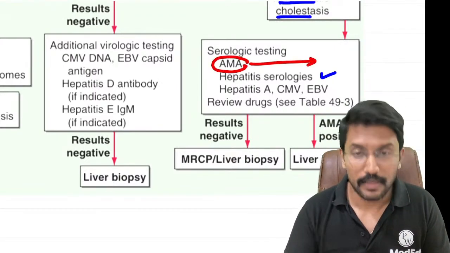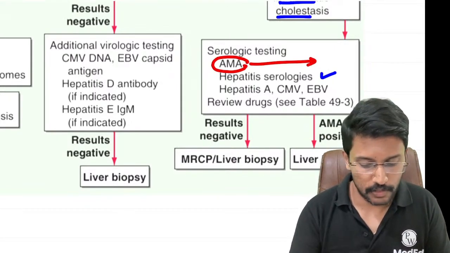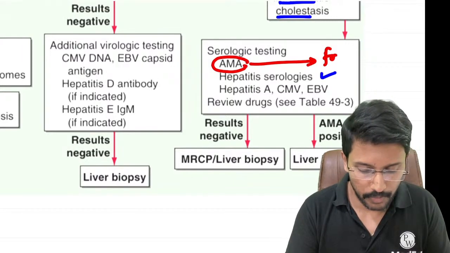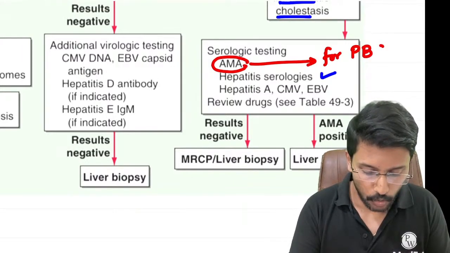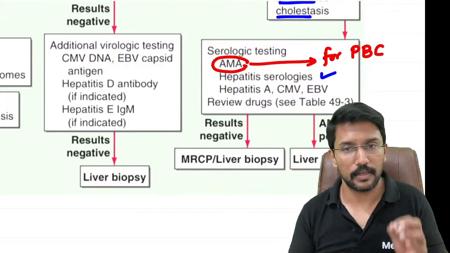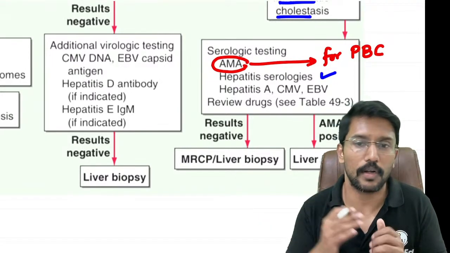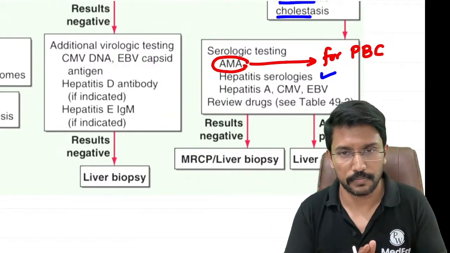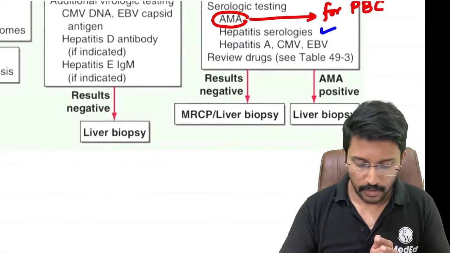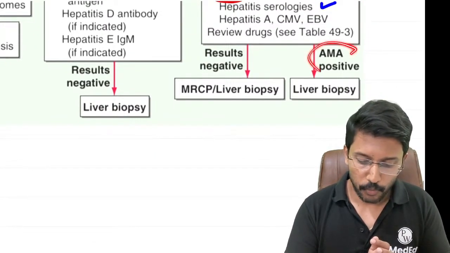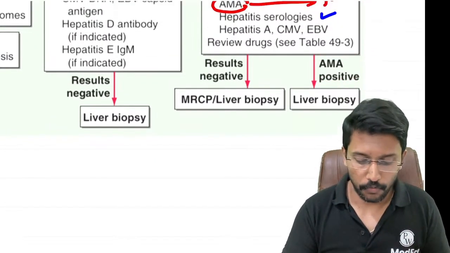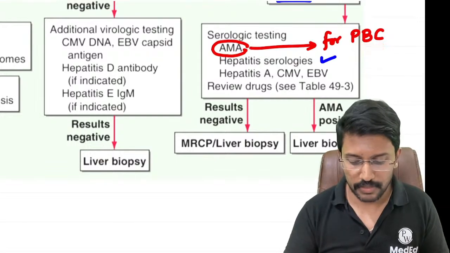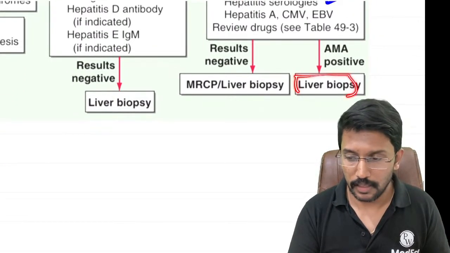AMA is the investigation of choice for diagnosis of primary biliary cholangitis, which was previously called primary biliary cirrhosis. Okay. And if the AMA comes out positive, for final confirmation of primary biliary cirrhosis, still the gold standard investigation is liver biopsy.